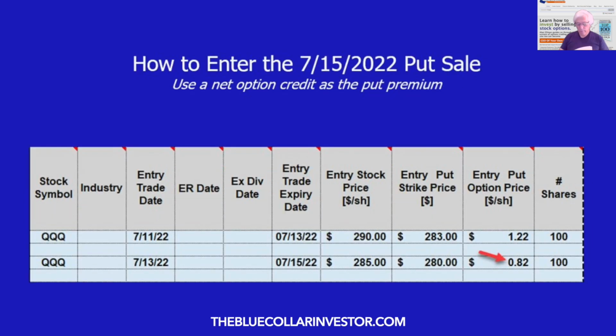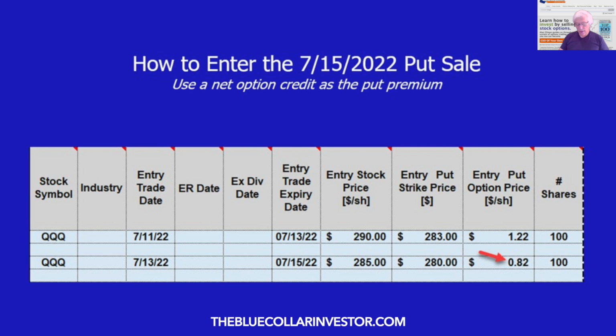Now, how do we enter the rolling out and down trade, the second trade, the 7/15 expiration? How do we do that? Well, we have to use a net option credit as the premium. If you look at the second line on the spreadsheet right now, as you're looking at this screenshot, you can see that the entry date moved from 7/11 to 7/13, from Monday to Wednesday.